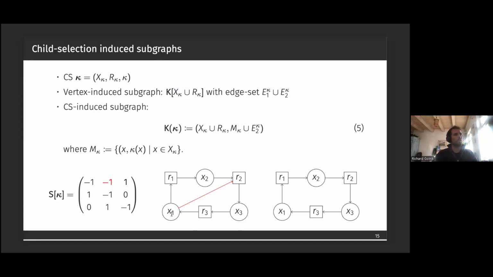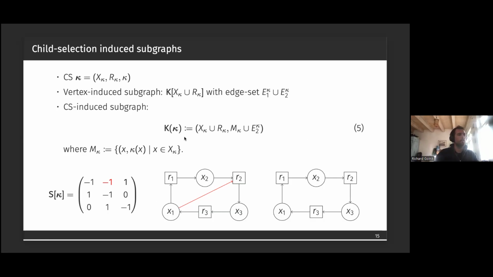But we can also look at the child selection induced subgraph. The child selection induced subgraph has only those reactant to reaction edges that are defined by the perfect matching, or by the child selection. This is when the negative off-diagonal entry disappears, so we no longer have this additional species to reaction edge.